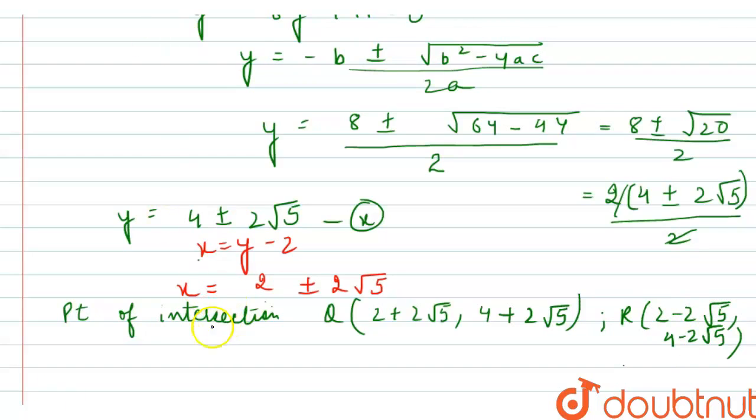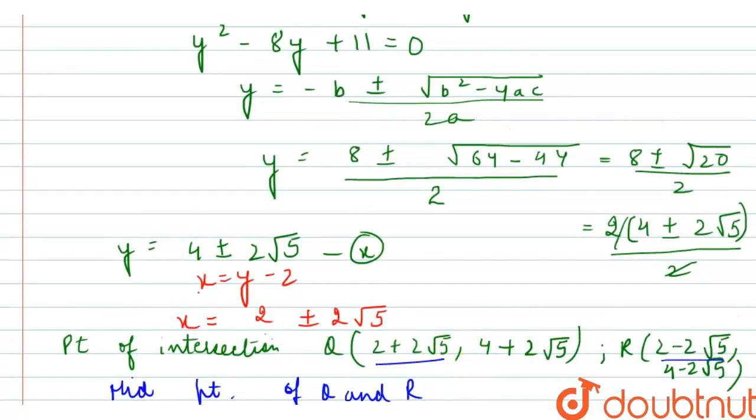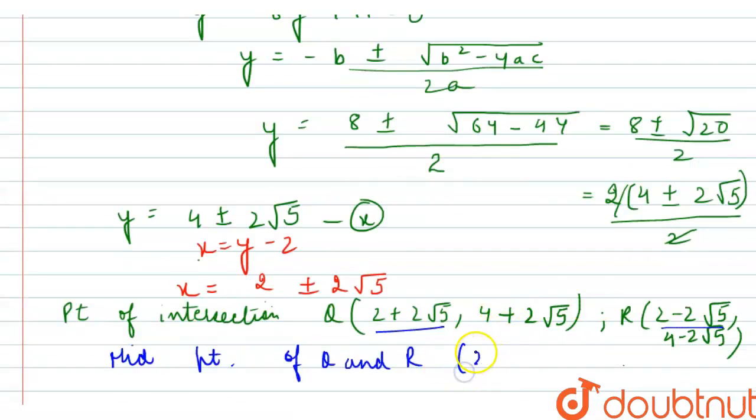Now we have to find the midpoint of QR. It would be the sum of x coordinates divided by 2 and the sum of y coordinates divided by 2. So I'll get 2 plus 2 root 5 plus 2 minus 2 root 5 by 2.